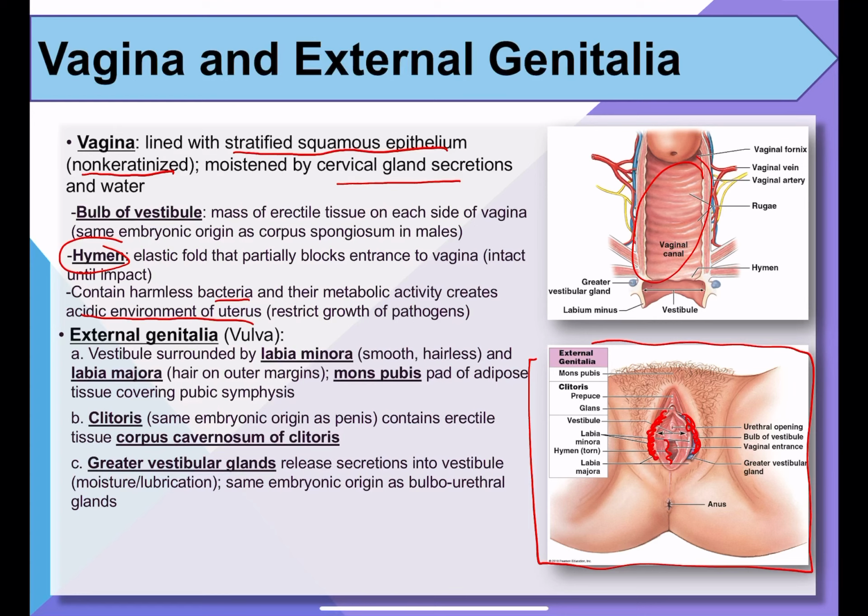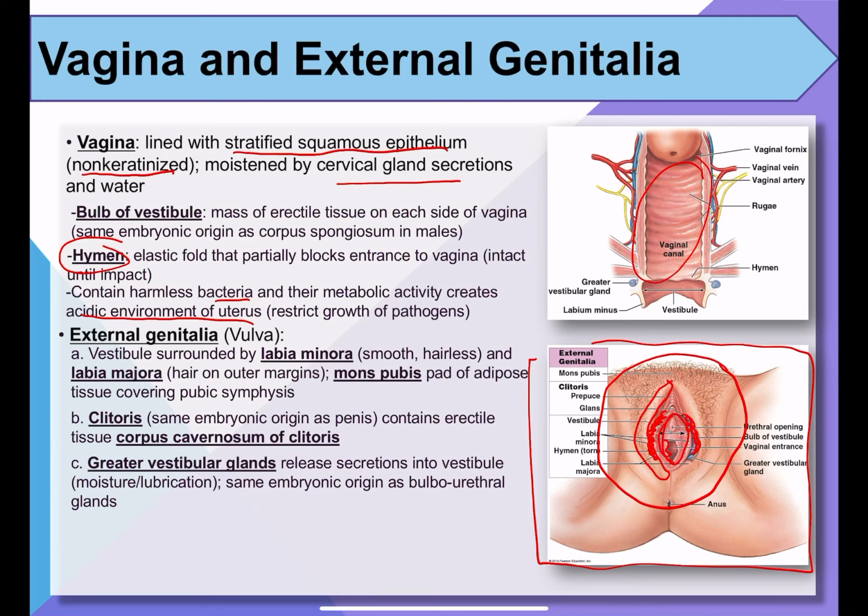Now, the external genitalia is very simple for a female since most of it is on the inside. The main area right here is called the vulva, okay? And the vulva is divided into a couple of different parts. You have this outer layer here that can contain hair. It's called the labia majora, the bigger lip that surrounds the vestibule.